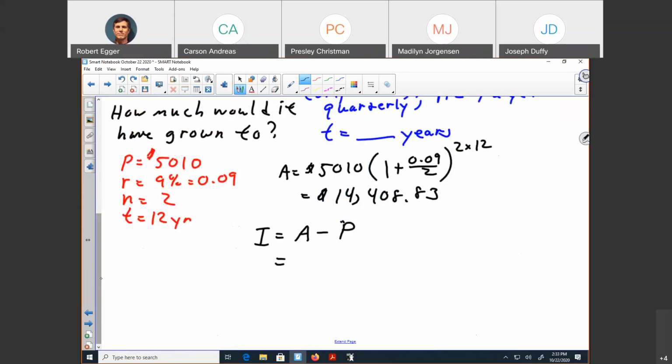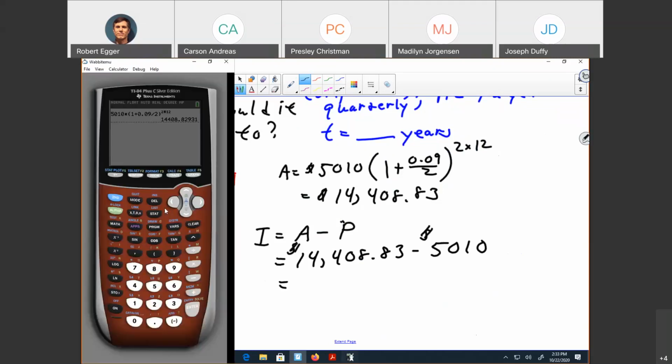There's another thing they sometimes do, and actually this one caught me on a certification test once because it doesn't read the full problem. Minus 5010 is 9398.83.